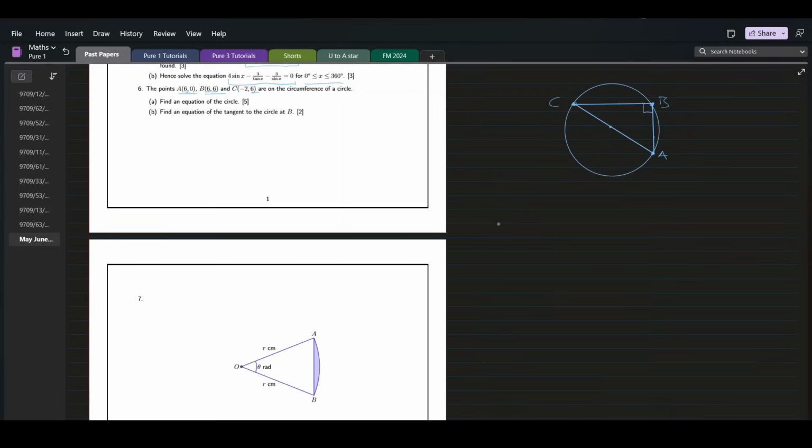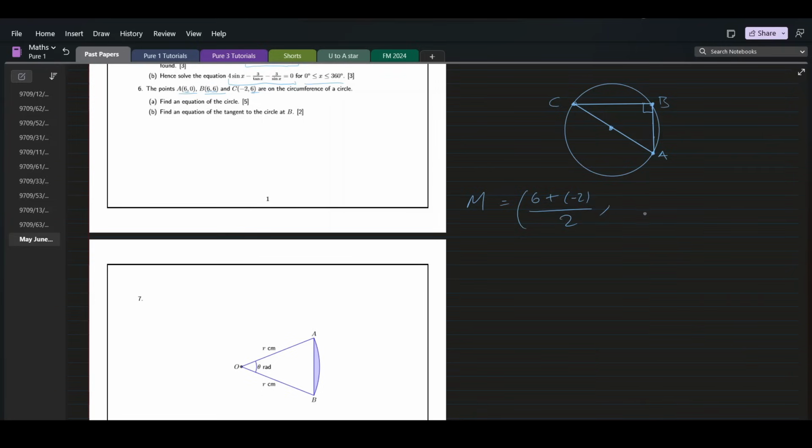And so we can tell that the coordinates of the center here should be the midpoint of AC. So let's find the midpoint of AC. So we've got the x coordinate of A being 6, and then the x coordinate of C is -2, and this is all over 2.